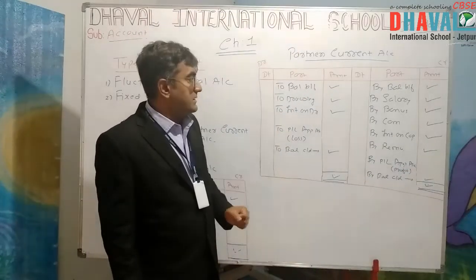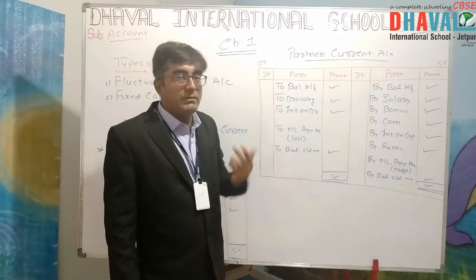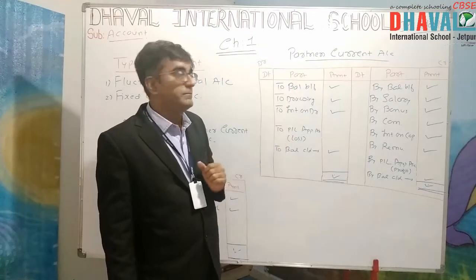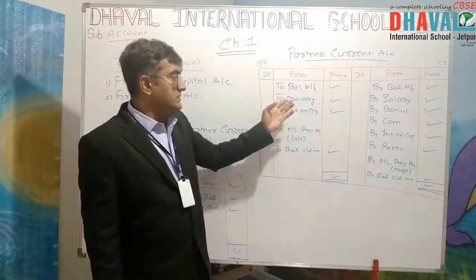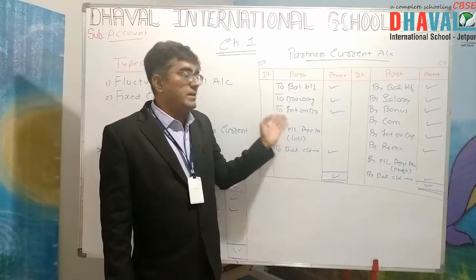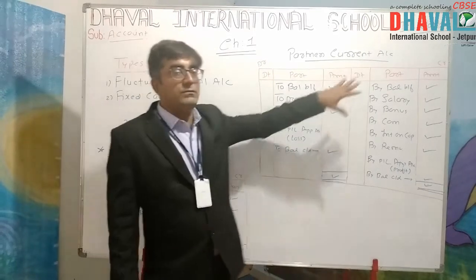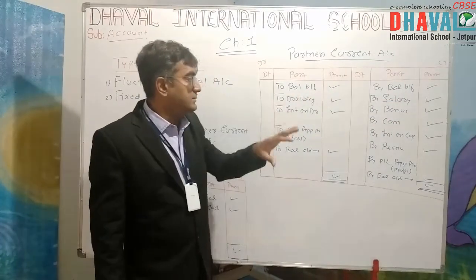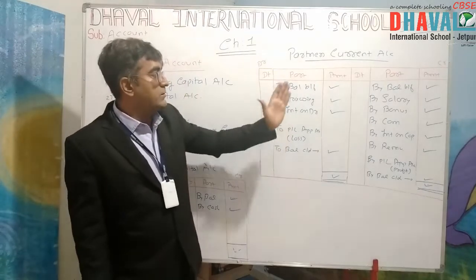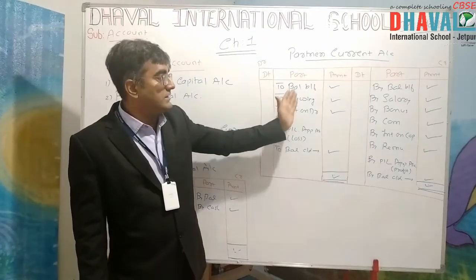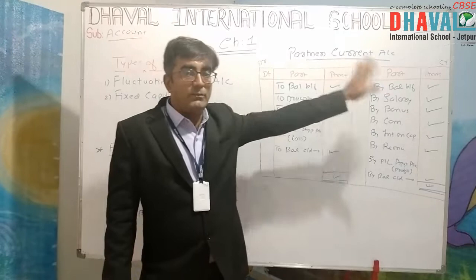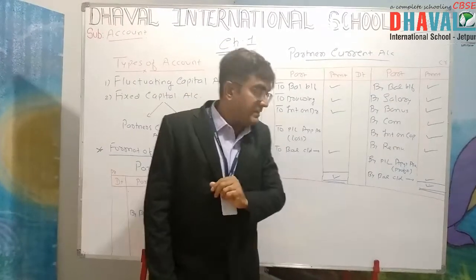Then you see on the debit side, first balance BF, if a debit balance is given, put it on the debit side. To drawings and interest on drawings, both are expense for the partner, and at the same time income for the firm. So whatever expense is made by the partner, we mention on the debit side, and at the same time in the PL appropriation account we write on the credit side.